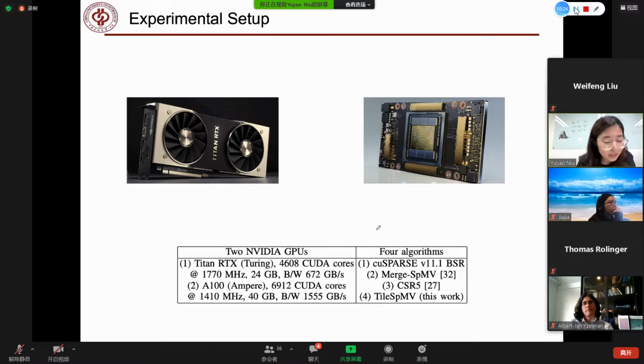And we compare our TileSpMV work with the latest cuSPARSE version 11.1 using BSR format, the merge SpMV algorithm proposed by Merrill and Garland, and the CSR5 SpMV algorithm proposed by Liu and Vinter. And our dataset includes all sparse matrices in the SuiteSparse Matrix Collection.